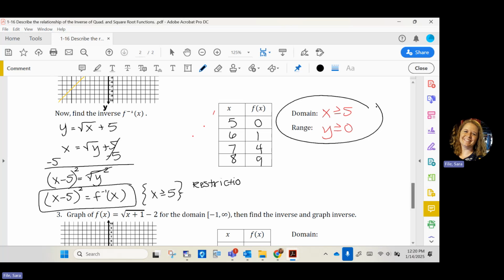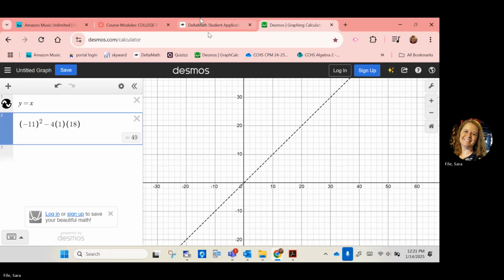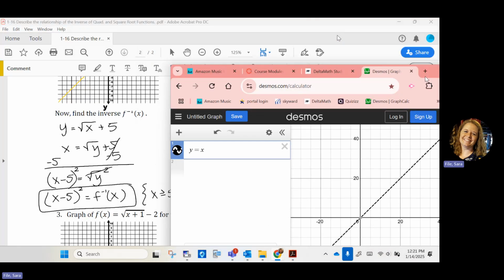Now that's what I want to show you in Desmos, that you have to write that restriction. So here, I go to Desmos. I've already got my y equals x line there because I like to see that there.